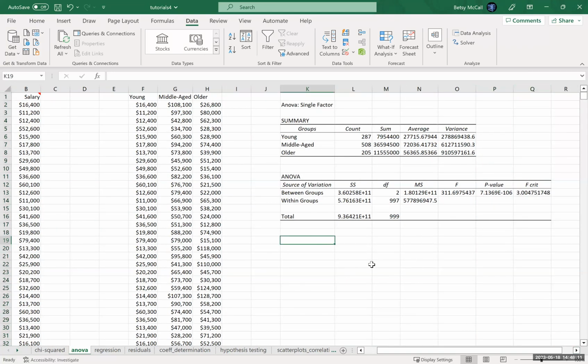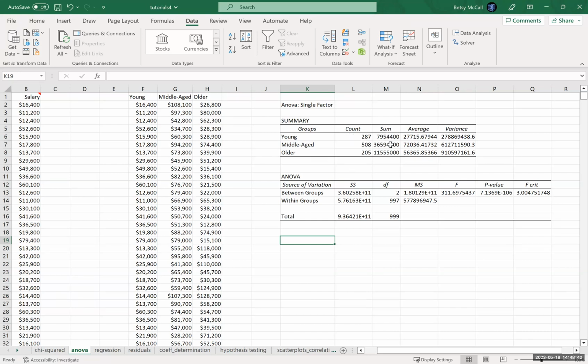Now, the ANOVA is going to give us a summary of a lot of the values it's actually using in the calculation. It's counted the number of observations in each of our groups. It looks like we had about 1,000 observations originally. Most of the time when you do ANOVA, you don't have that many, but if you have more than 40, you can't do them in your TI calculator, so this is an alternative.